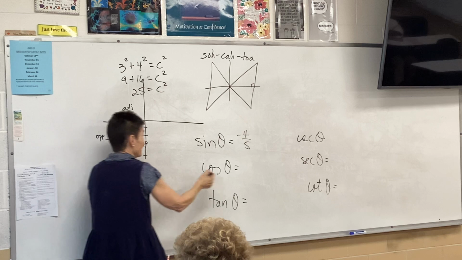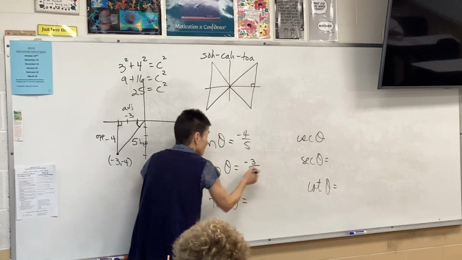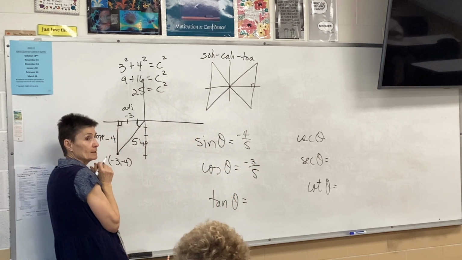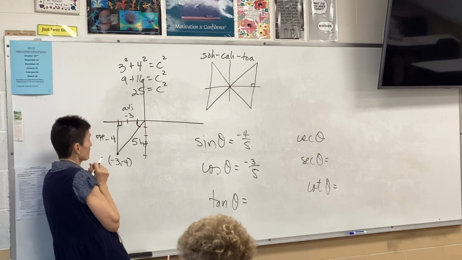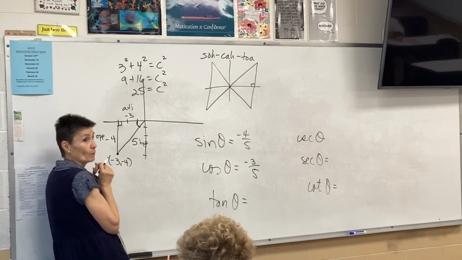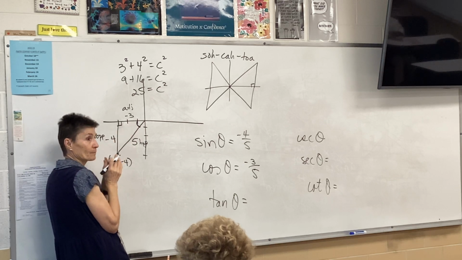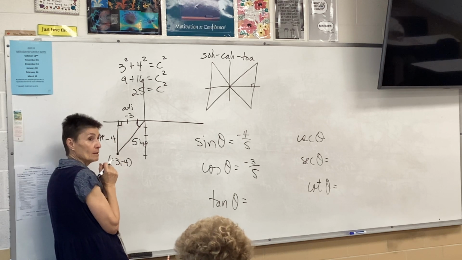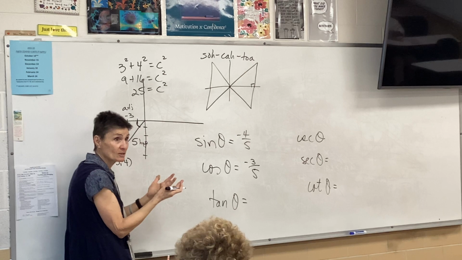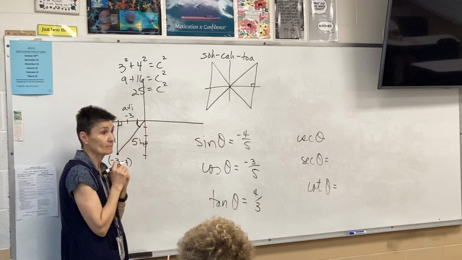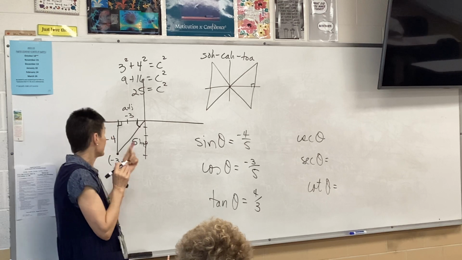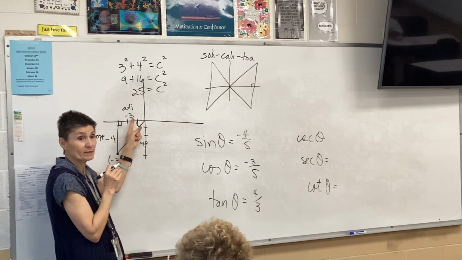Which will be negative 3/5. And what's my tangent? Opposite over adjacent. Which is -4 over -3. So the negatives are going to cancel, and the tangent is actually going to be a positive number, because opposite and adjacent were both negative.